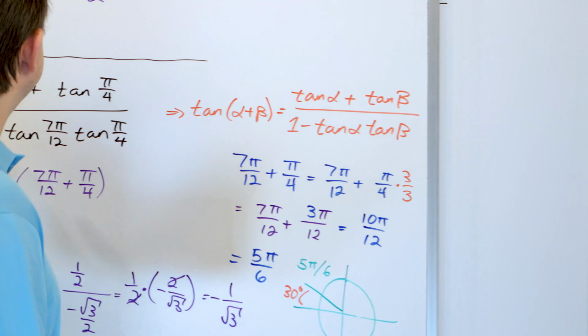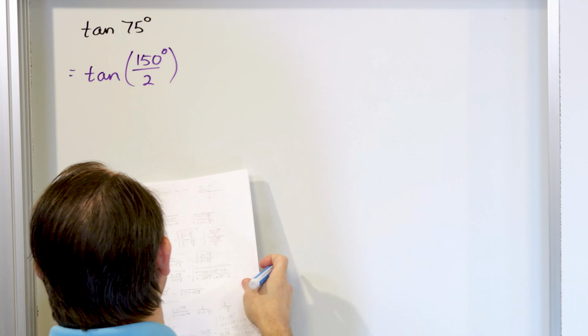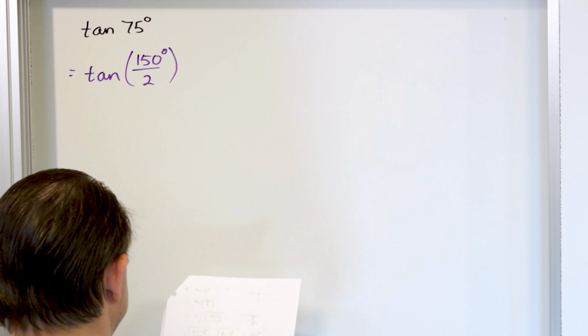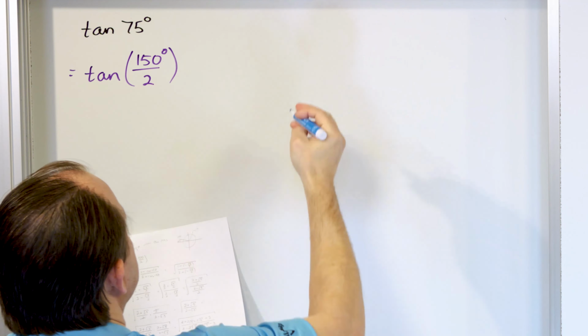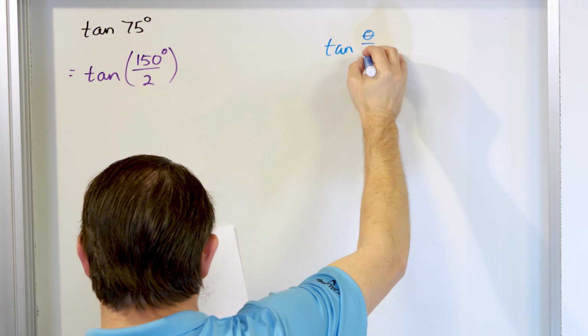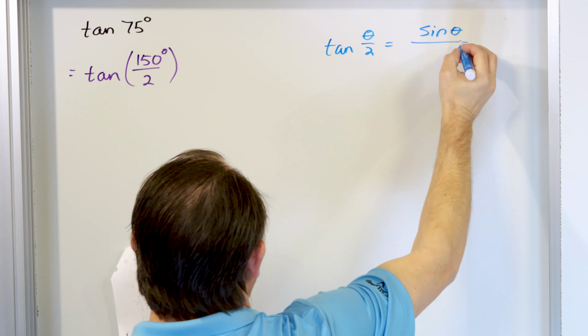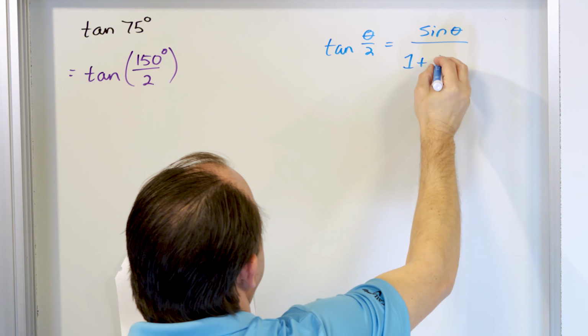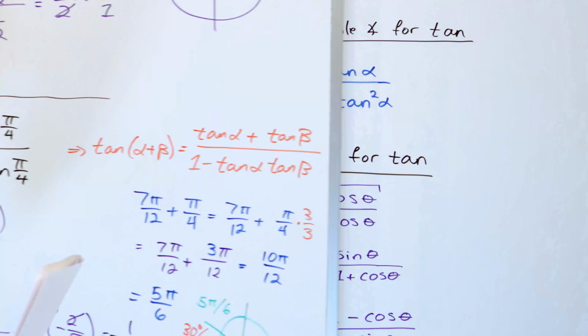So tangent theta over 2. What we're going to do is we're going to go over here, and we're going to write the identity that we're going to use. So the tangent of theta over 2 is equal to the sine of theta, whatever's in that numerator, and then 1 plus the cosine of whatever's in that numerator. Let me double check myself.